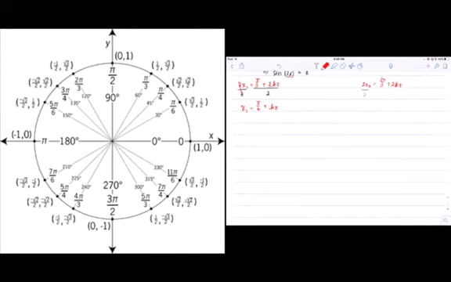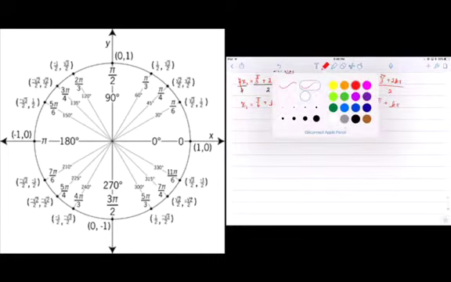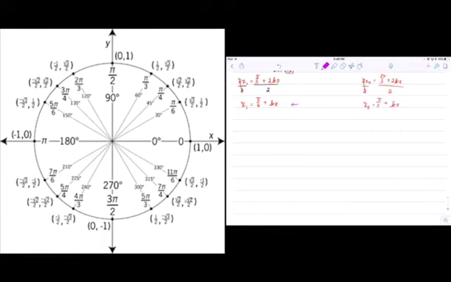Again, we're going to divide by 2. These cancel out. We have that x2 is equal to 2 pi over 3 divided by 2, which is pi over 3, plus 2k pi divided by 2, which is k pi. So those are our 2 equations. Now, the equation I wrote here and this equation are general solutions.